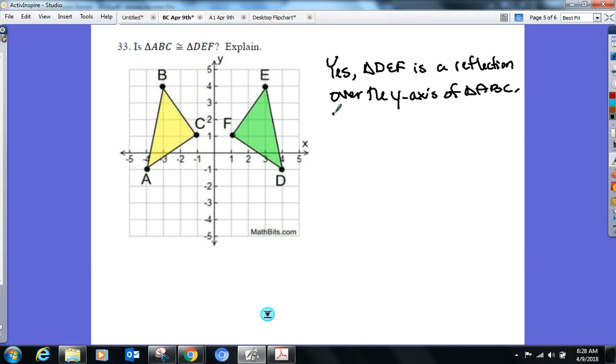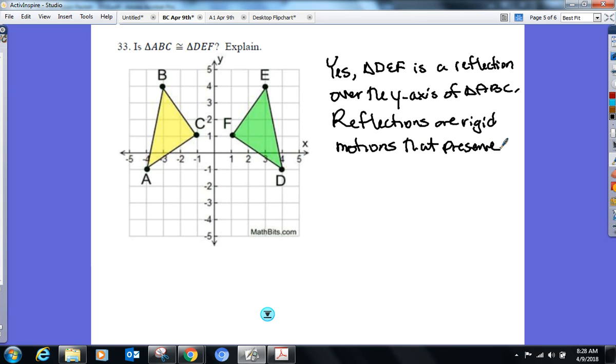Now tell me what reflections are. Rigid motions that preserve distance and angle measure.